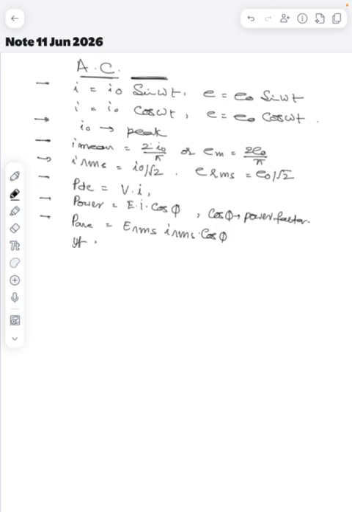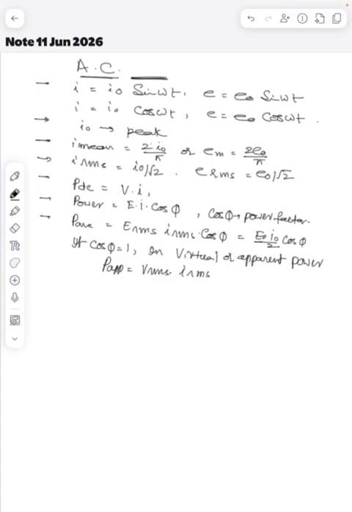If cos phi equal to 1, it is virtual or apparent power. Therefore P apparent equal to V RMS into I RMS, or this equal to E naught I naught by 2 cos phi.